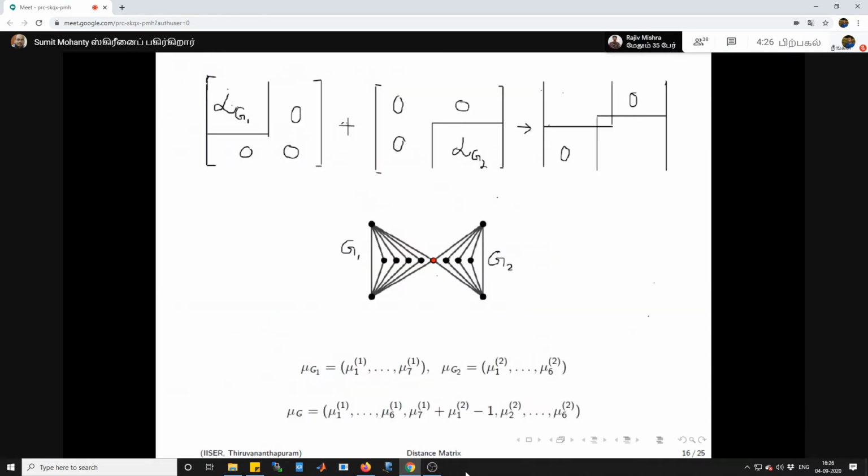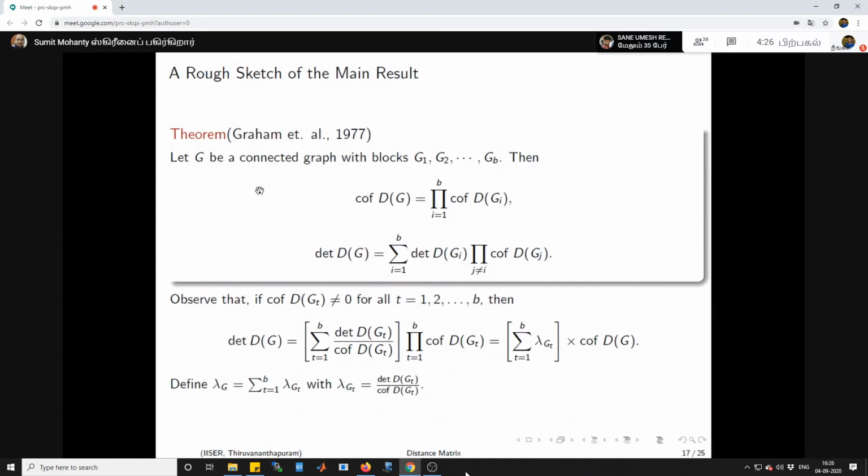Then going for the Lambda G, how is the Lambda G selected? Recall this Graham-Pollack, we already stated this. Suppose the cofactor of each of the blocks is non-zero. If this is happening, in this product, each time one block is missing, you take the product of the cofactors, the common cofactor, and then you will get this.